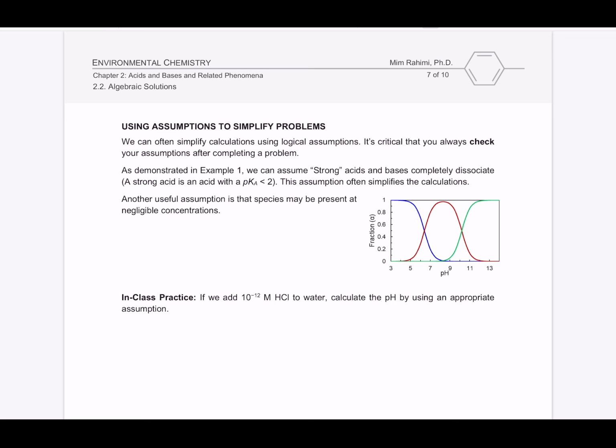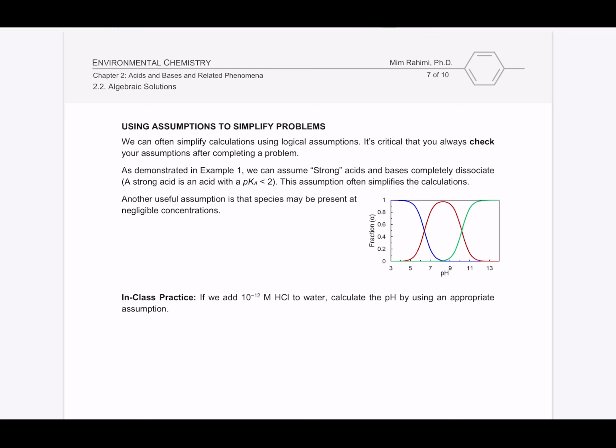So we can assume the concentration of green is negligible based on this region and the information that we have. We don't necessarily have that kind of information all the time, but I just want to highlight that sometimes you can do that. Again, make sure you're checking that assumption at the end.